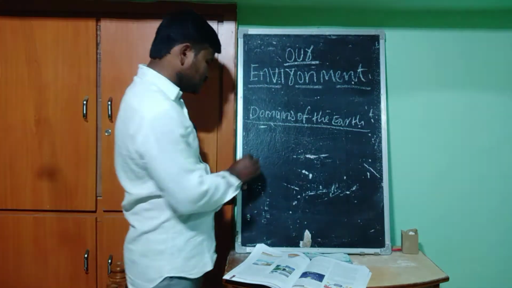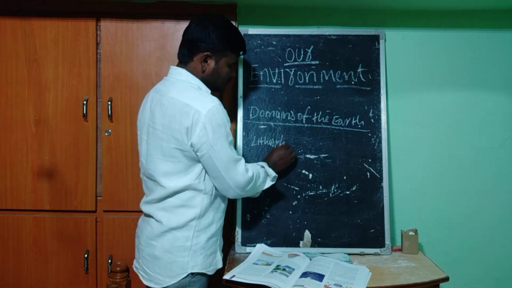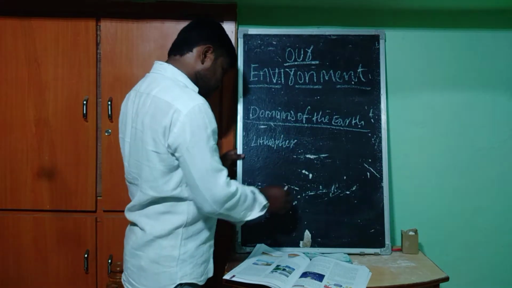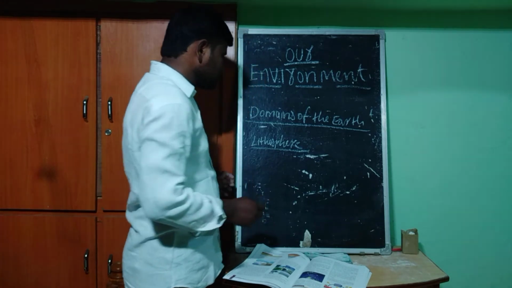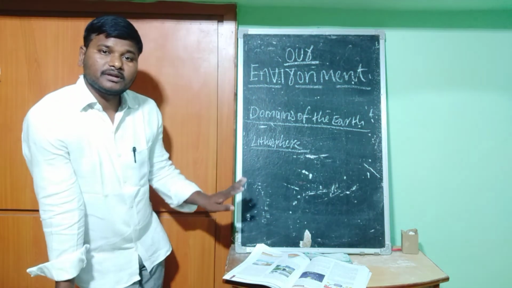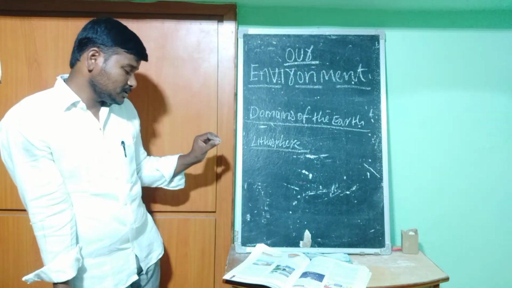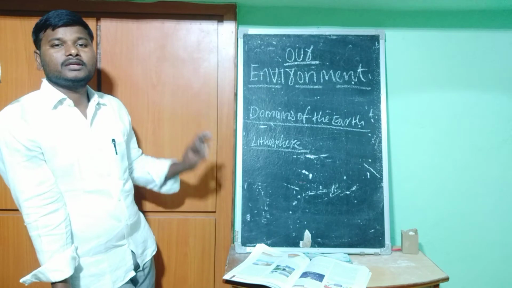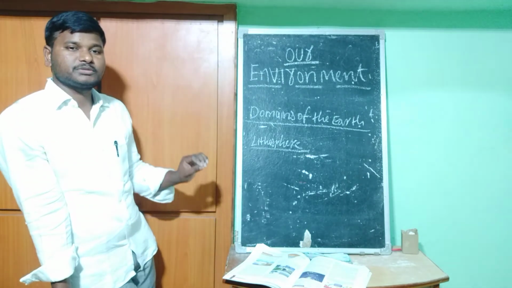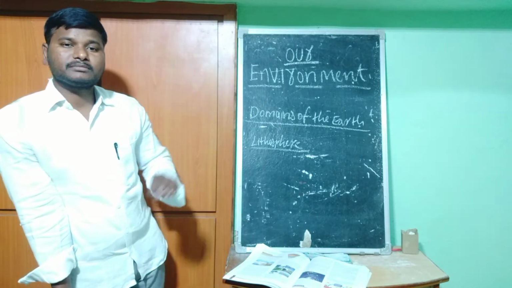The first one is the lithosphere, then hydrosphere, atmosphere, and biosphere. Together we call these the domains or realms of the earth.